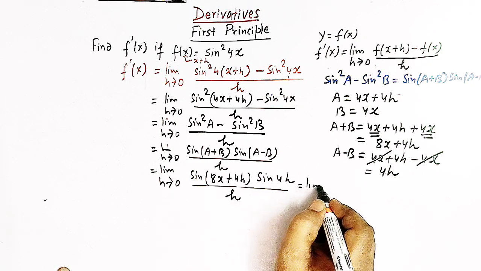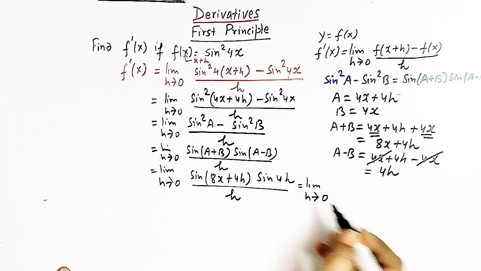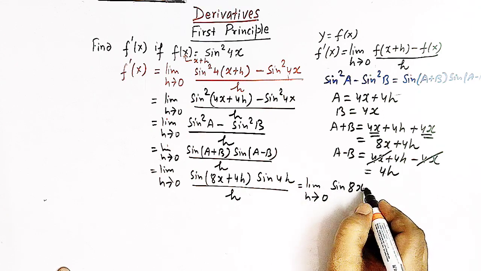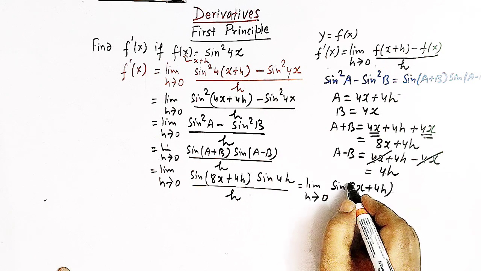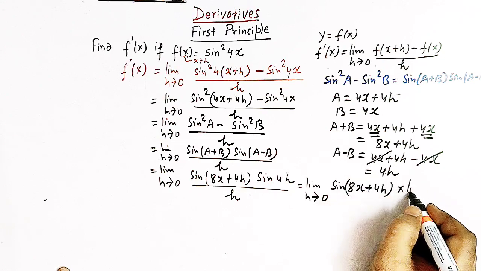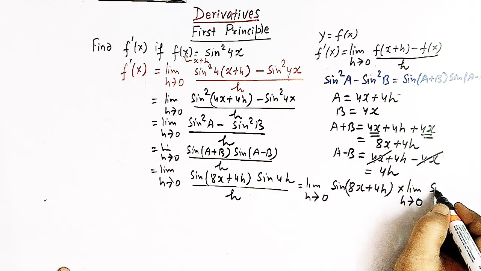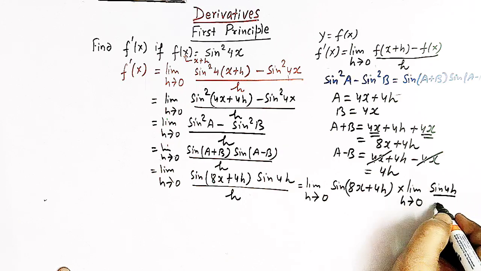So we can now write limit h tends to 0 of sine 8x plus 4h, and then we can write limit h tends to 0 of sine 4h over h.